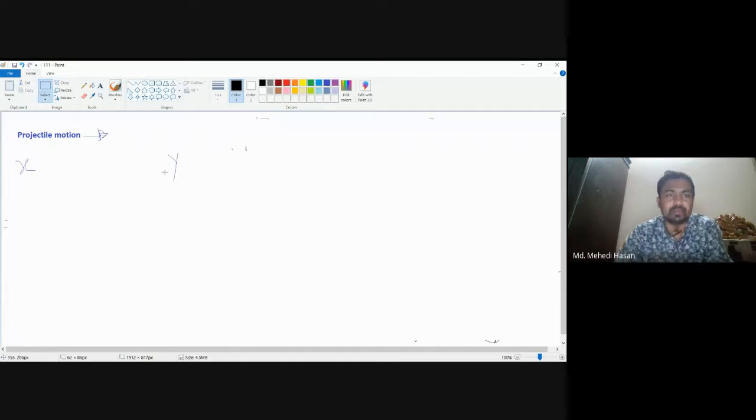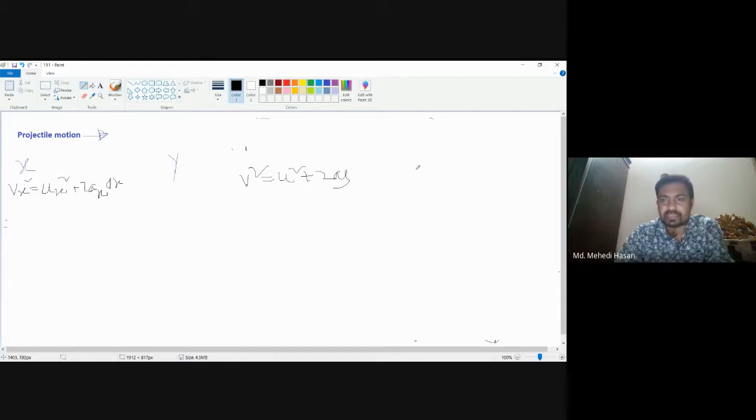Sorry, if you consider the second equation, say v square equal to u square plus 2as, so the x component will be vx square equal to ux square plus 2ax, and s will be del x.